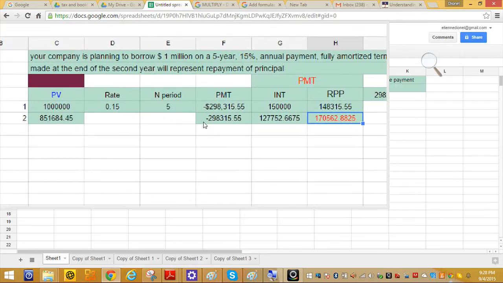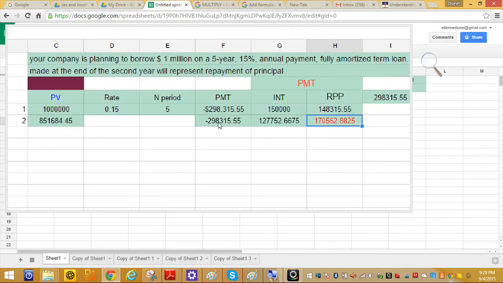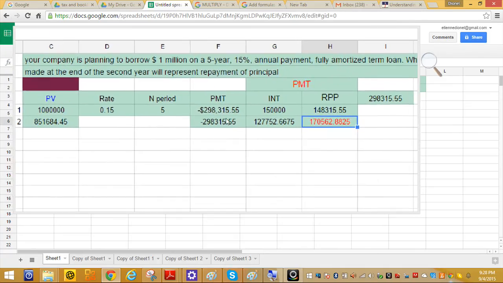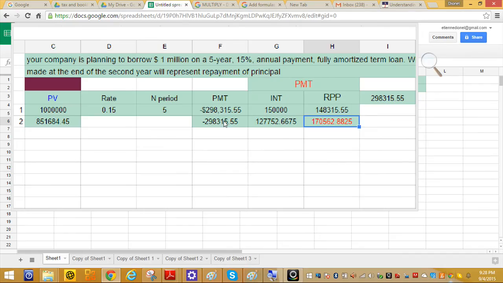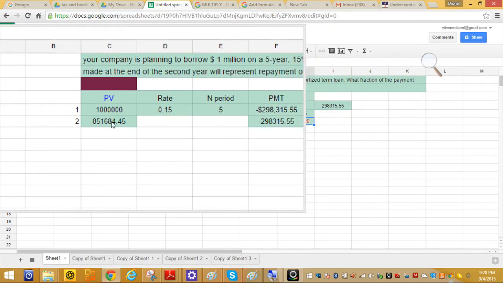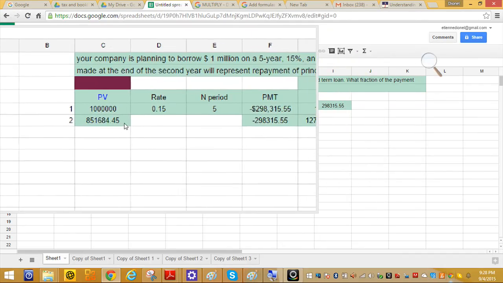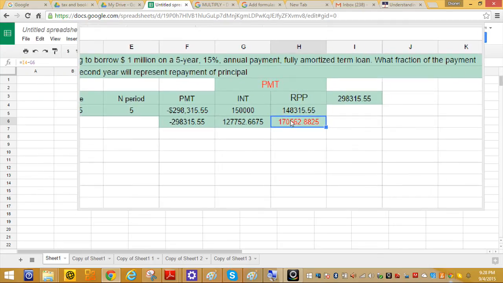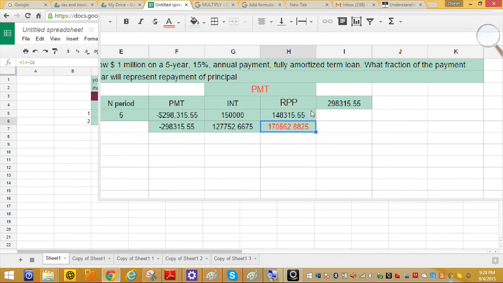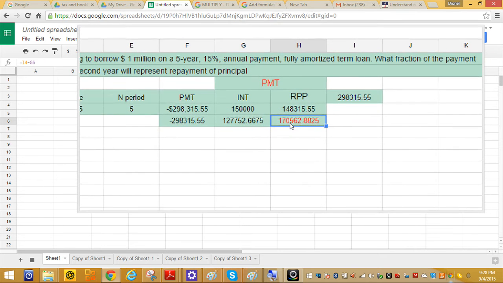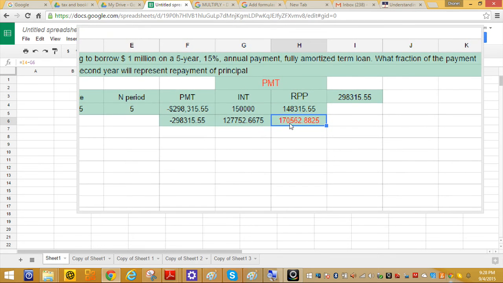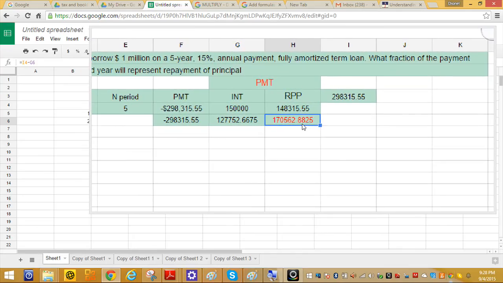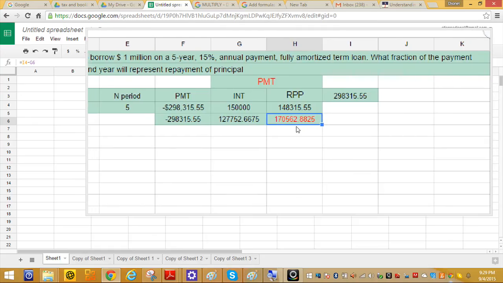At the end of the second year, I still pay the same payment, but part of it is gonna be the interest. The interest is the rate times the new balance, I don't have the same balance. Since I have a new interest, the repayment is the payment minus the interest. That's 117,550.62, what I pay on my principal.